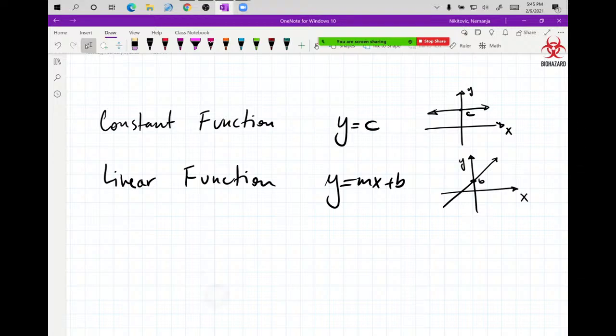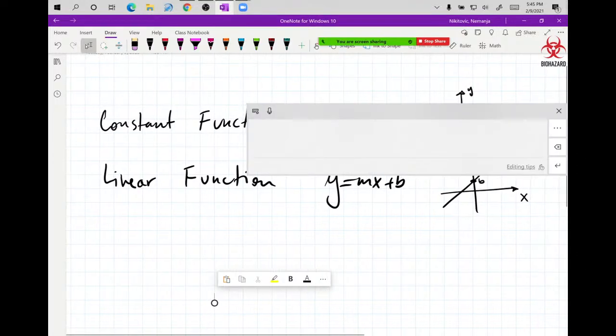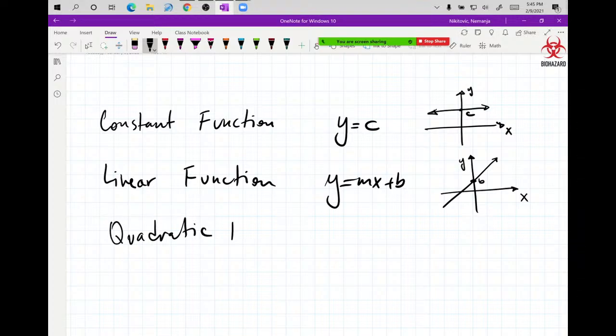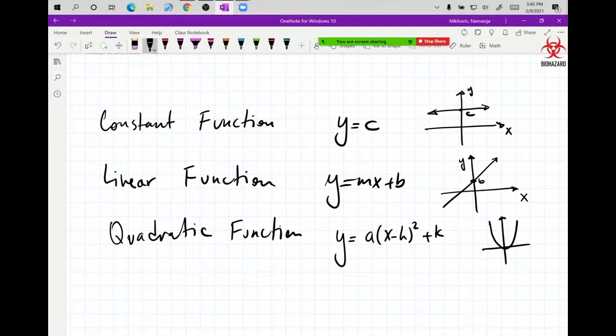And the one that we studied last class is the quadratic function. I'm going to write the form that is easy for graphing, y equals a times x minus h squared plus k, which gives us that u-shape, what we call a parabola.